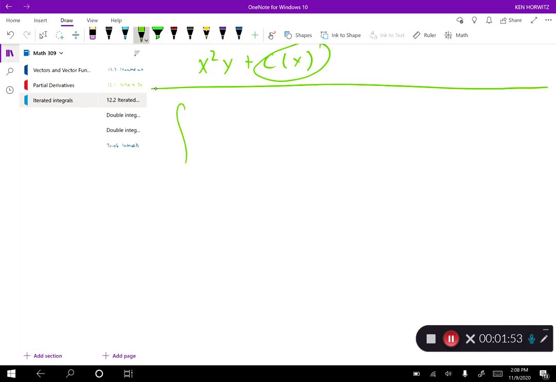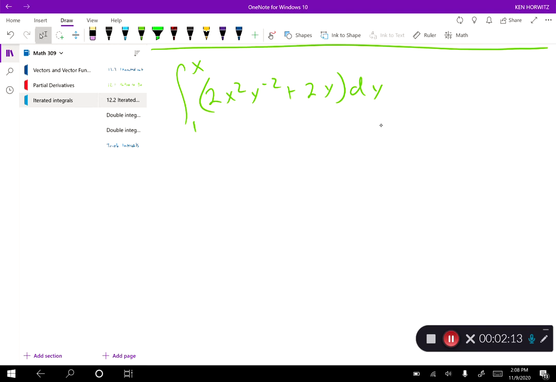I'm going to do an integral from 1 to x of 2x squared y to the negative 2 power plus 2y with respect to y, which means that I'm going to use the same idea as my partial derivatives. I'm going to hold x constant and only integrate with respect to y. So why don't you pause the video, think through the integral, and we'll talk about it on the back end.